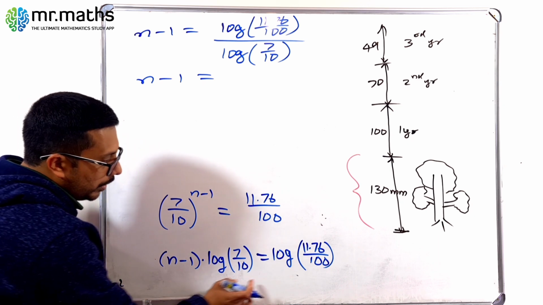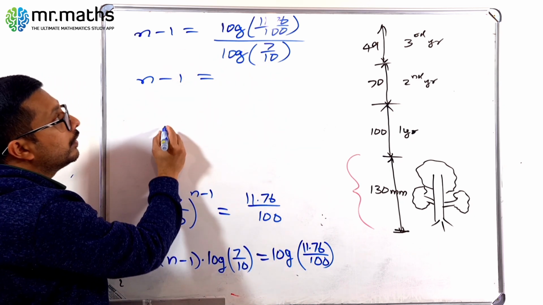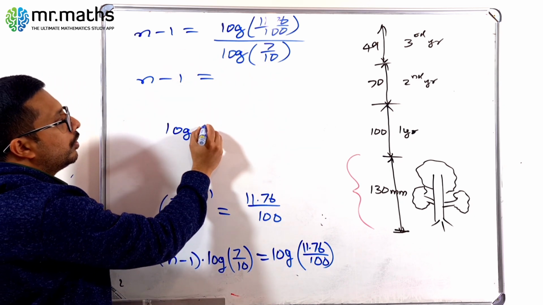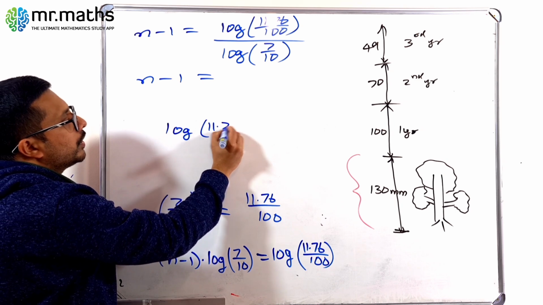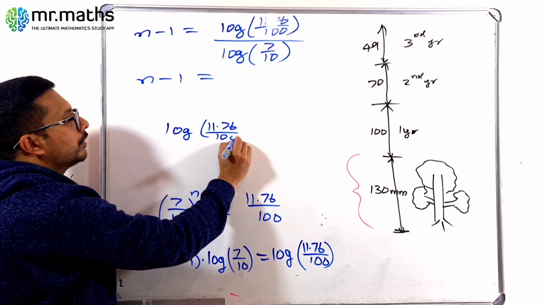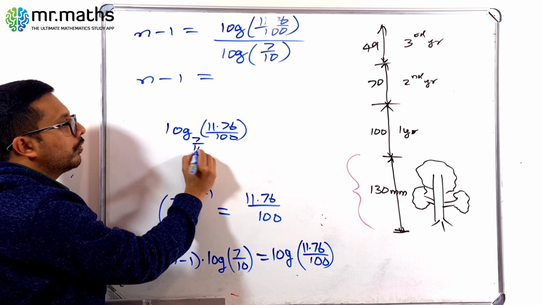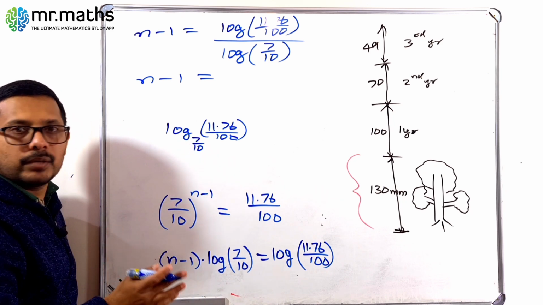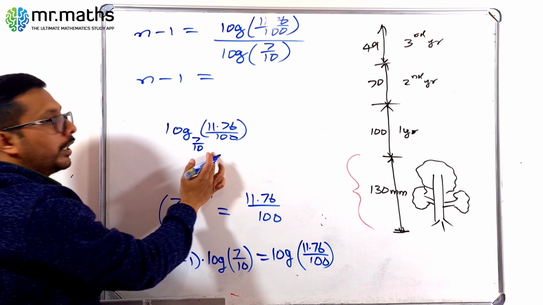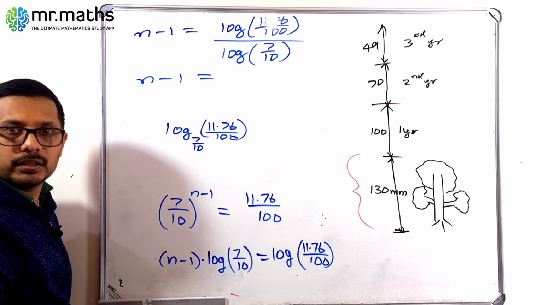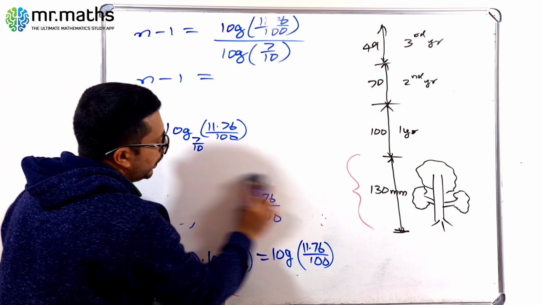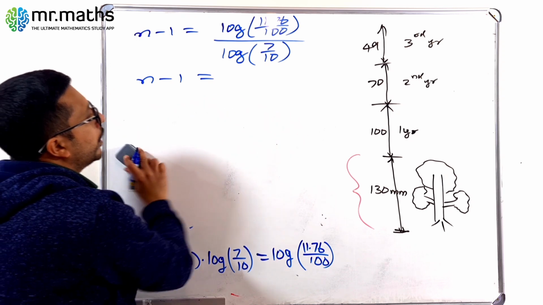Instead of writing like this, you can write it like this also: log of 11.76 divided by 100, then as a base, you can write 7/10. If you do it like this or like this, you are going to get the same answer. Anyhow, try to find the answer of that one.